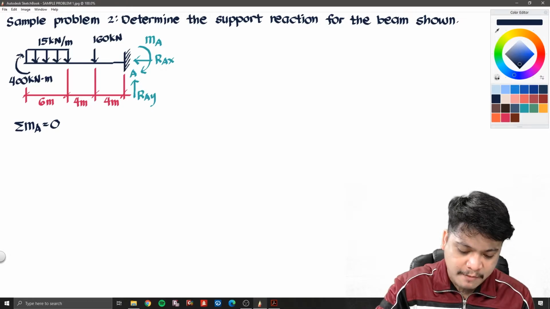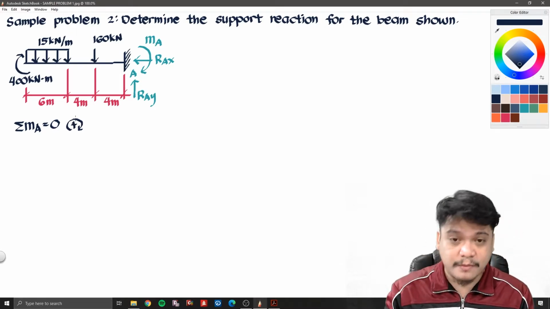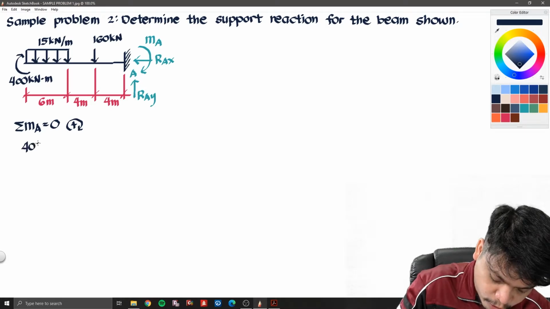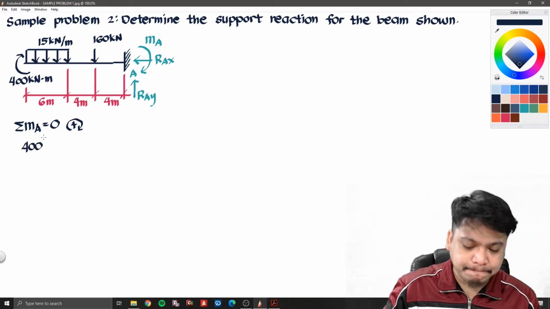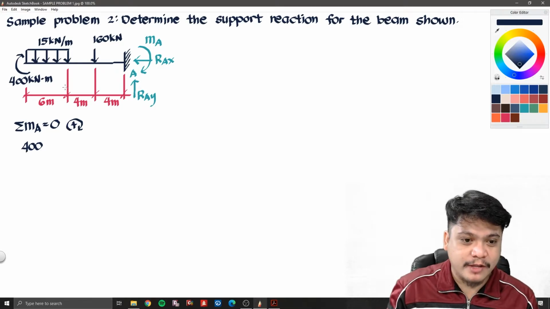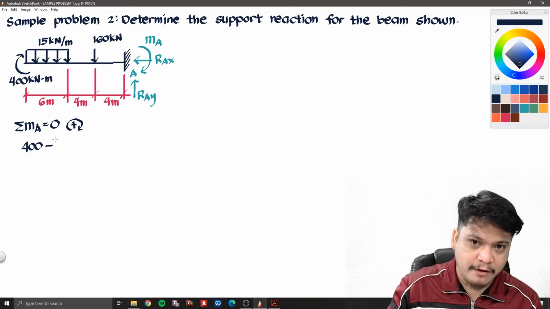Okay. Unahin muna natin, meron tayong direct moment, which is clockwise manner. Basta clockwise manner natin, we will be having here as positive. So, you will be having there 400 kilonewton meter. Okay? And then, this 15 kilonewton per meter will induce a negative moment because it will create a counterclockwise direction on point A. So, we will be having there is minus.